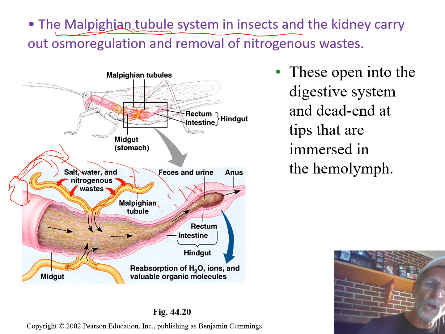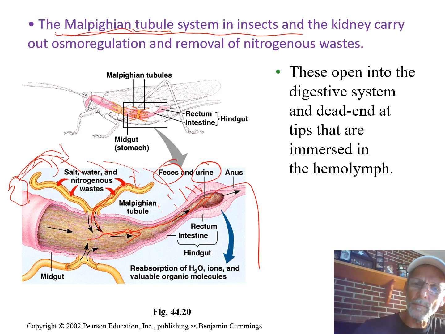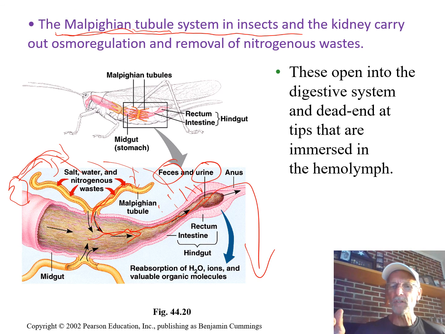And the waste products here are funneled into the digestive tract, unlike you and I. Your kidney tubes and your digestive tubes never connect with each other. So this is why in an insect, both undigested food, feces, and this filtered fluid, call it urine, right? They all get plopped out of the same opening, which is still called the anus at the end of the digestive tract.